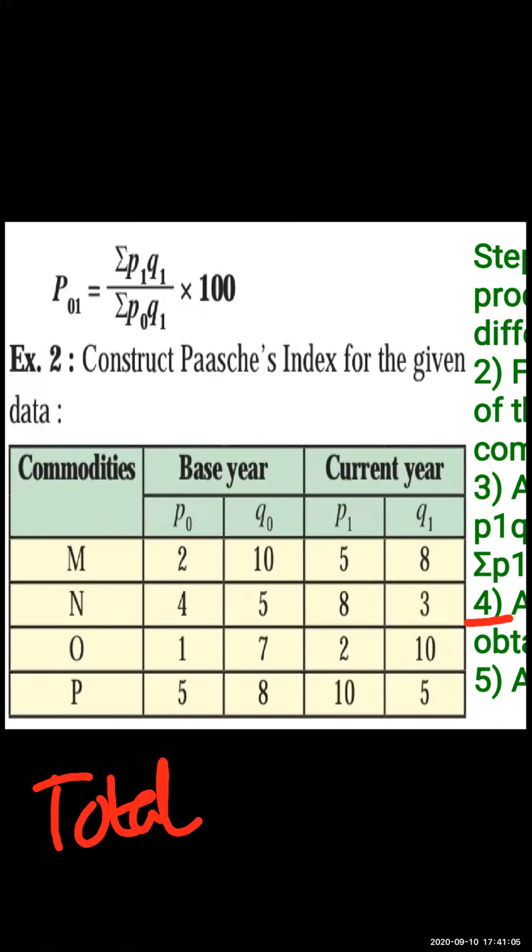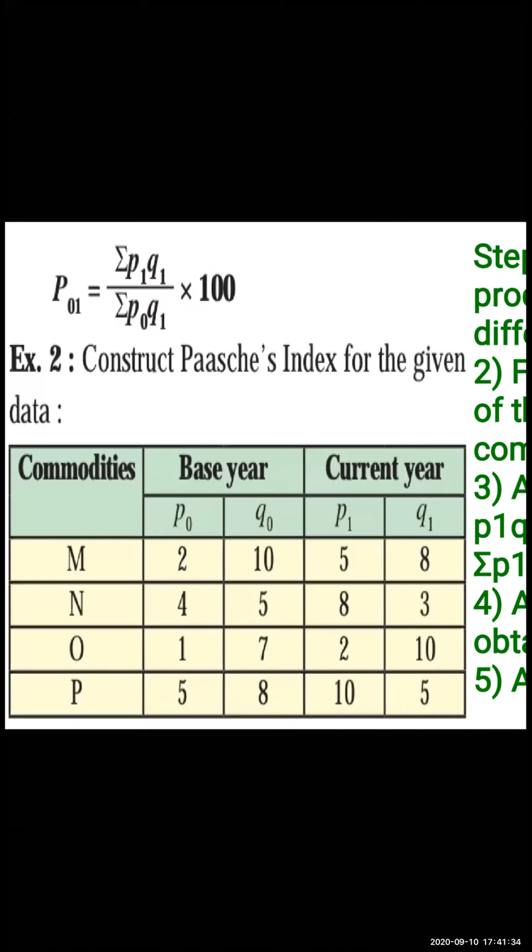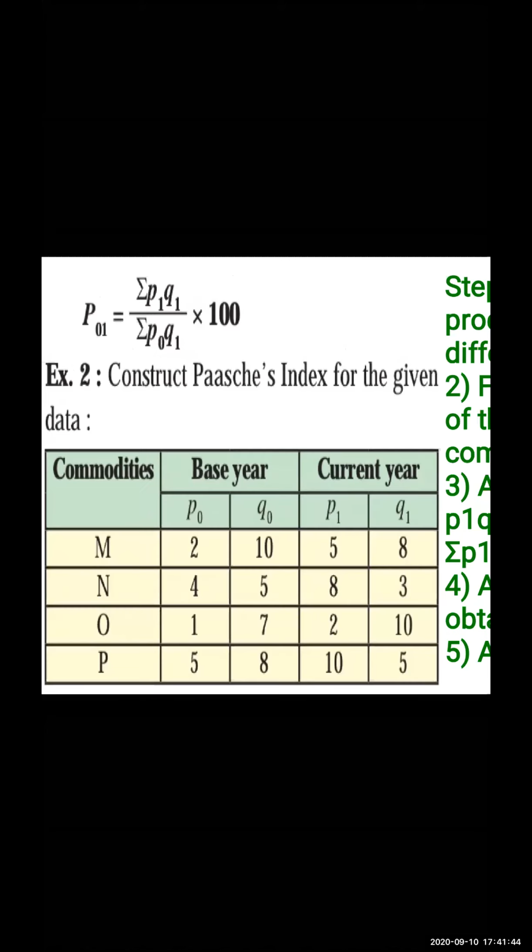Giving you all 1 minute to do this. Quantity, base year quantity, that is Q0: M is 10, N is 5, O is 7, P is 8.